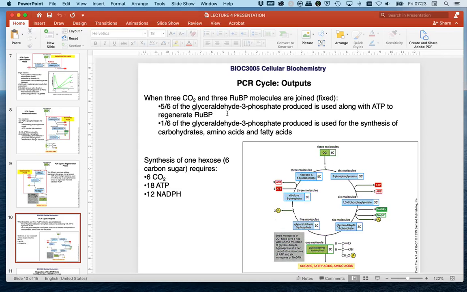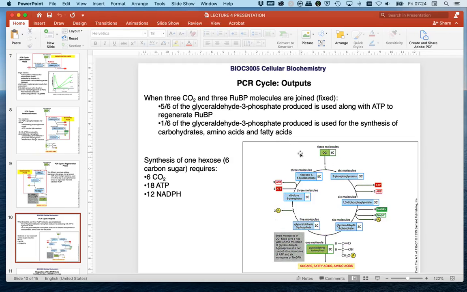So most of the products of a single turn of the cycle are used to regenerate the substrate RuBP. Only 1 out of every 6 of the 3 PGAs that are made is used for the synthesis of carbohydrates, amino acids, and fatty acids. And again, that's illustrated in the diagram.